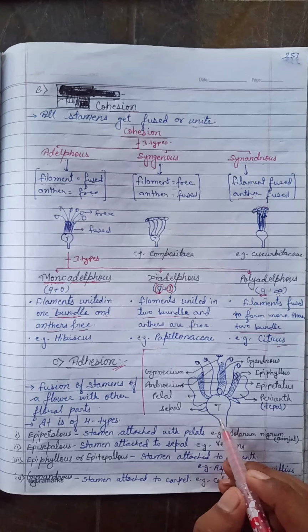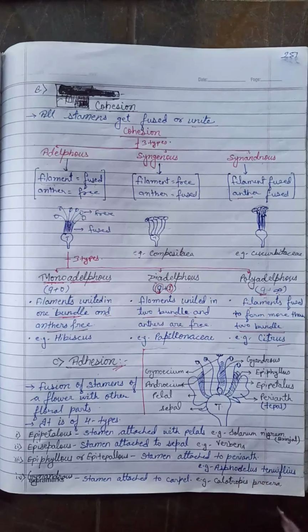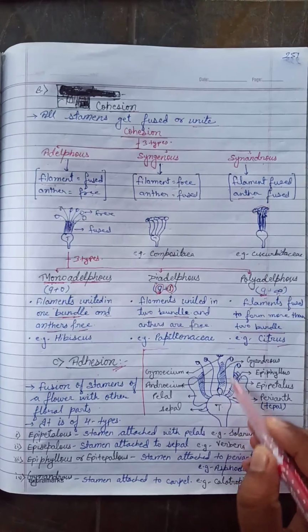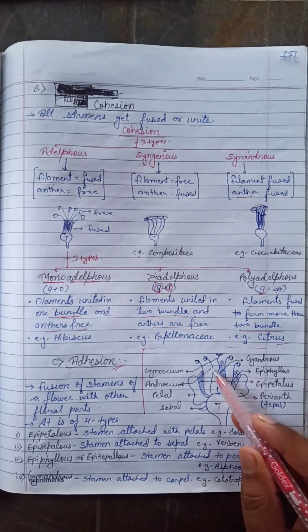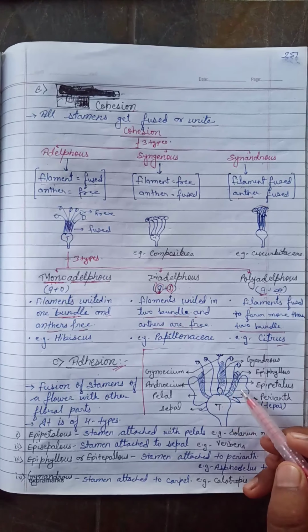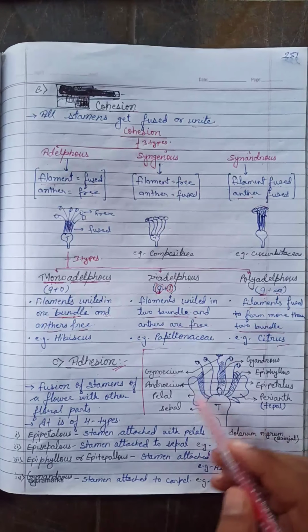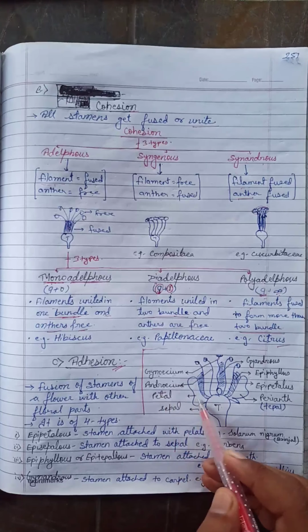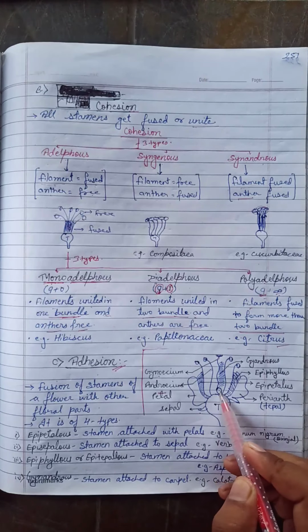Look here and be careful. This is the structure of a flower; this is the female part and this is the male part. This is calyx, corolla, androecium and gynoecium. All four floral whorls are found in this flower. That is gynoecium, this is androecium, this is petal, this is sepal, this is thalamus, and this is ovary.